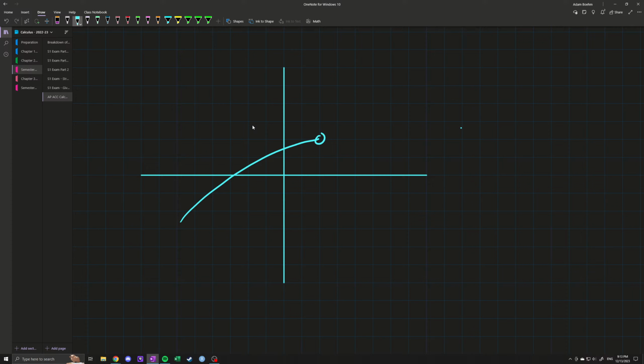You're talking about something that looks like this. That is a removable discontinuity. For it to be a jump, the right-handed behavior is not equal to the left-handed behavior. So a jump would look like this. A jump is in red, removable is still in blue.